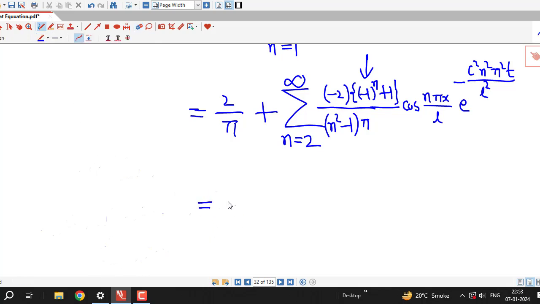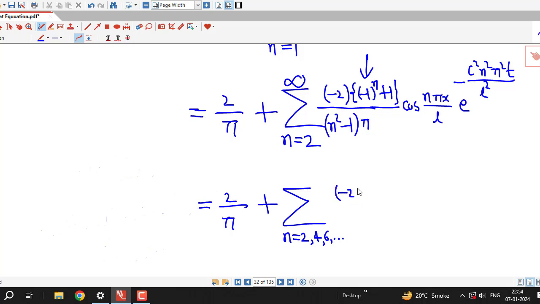So let me rewrite this as 2 divided by pi. Here I can write this as sigma n equal to, instead of writing 2 to infinity, we can write 2, then 4, then 6, and so on. This continues for even positive integers.